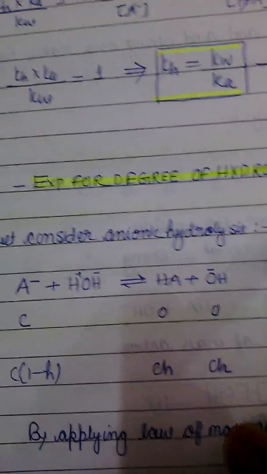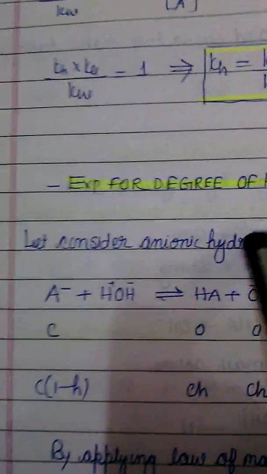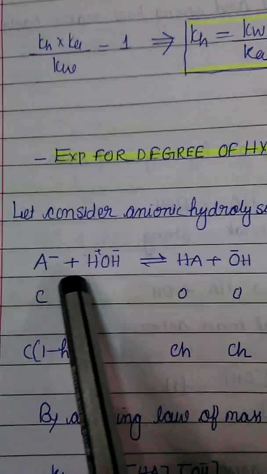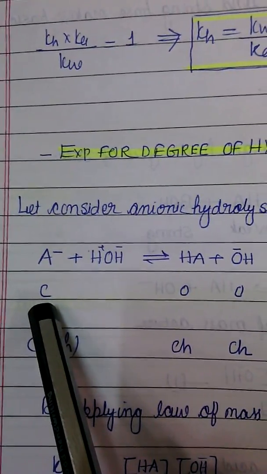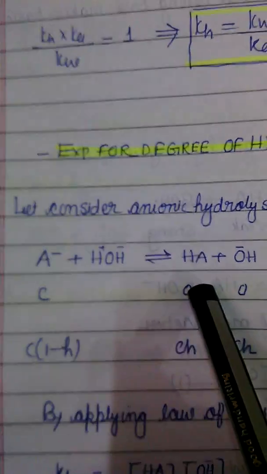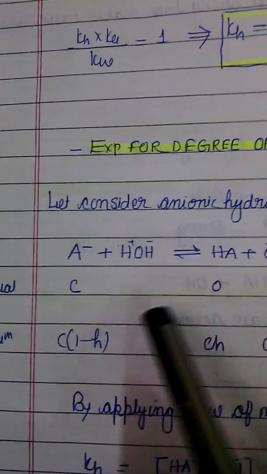Now we want to find out the expression for degree of hydrolysis. Consider anionic hydrolysis. Initially the concentration of anion is C, and the concentration of HA and OH- ion is equal to 0.